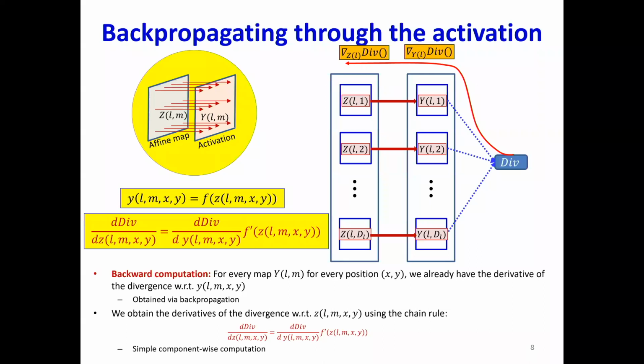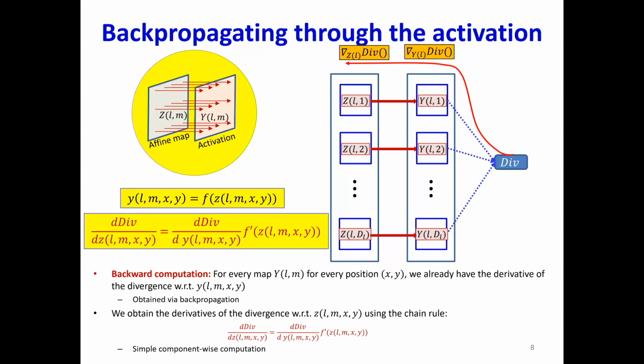Now these are pointwise applications of an activation. So if I have some y out here, which is some function of some z out here, if I have dL/dy, where L is the loss, then I can say dL/dz equals dL/dy times f'(z). This is your standard chain rule, right?